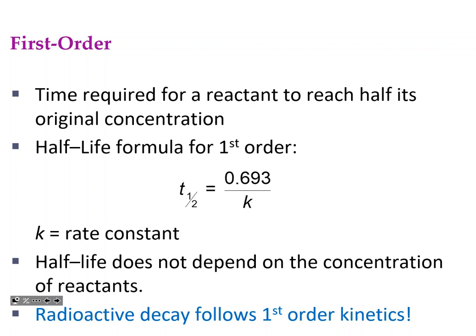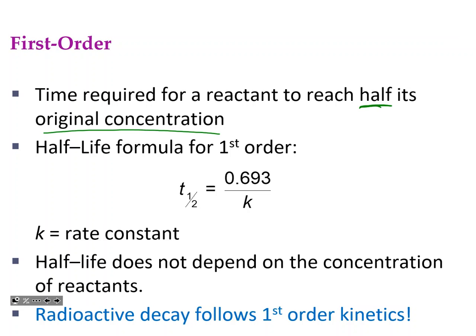It's very similar to the radioactive decay, except for radioactive decay, it was for half of the radioactive isotopes to change into the stable daughter isotopes. So half of it changes over, half its original concentration. That's what we're going for here in terms of kinetics and half-life for reactions.